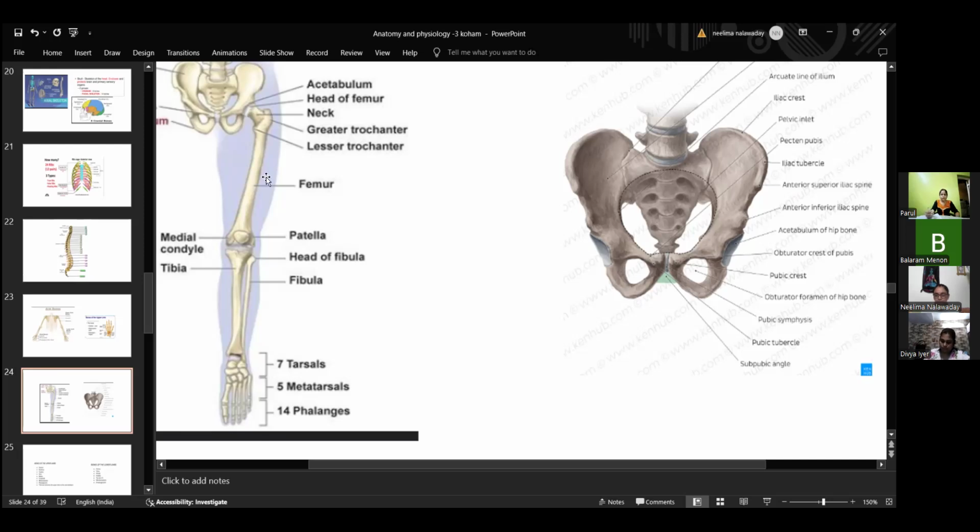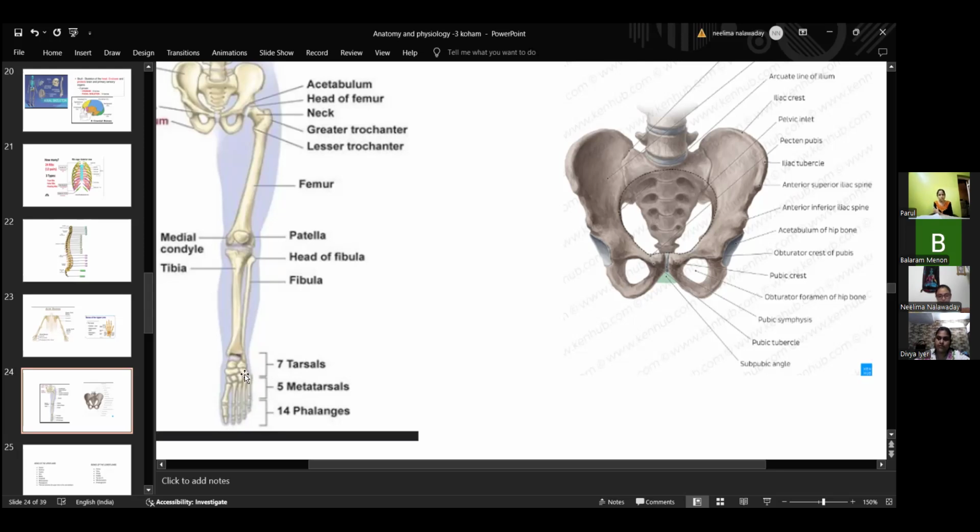Okay. Now, below femur, tibia and fibula. Tibia medially, fibula laterally. Tibia on the inner side, shin bone. We call it shin bone. And laterally, fibula. And then again, tarsus. Like we saw in the hand, there are carpals, phalanges.